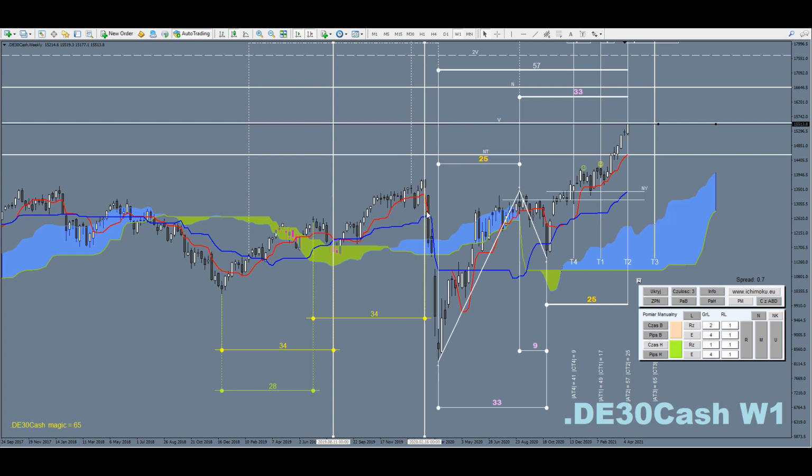As we see, this pattern has already presented itself, two identical patterns with almost equal time.